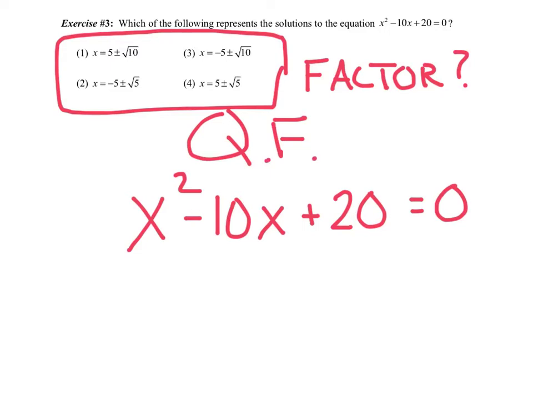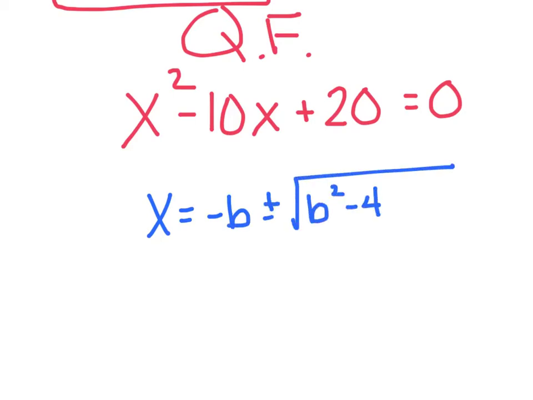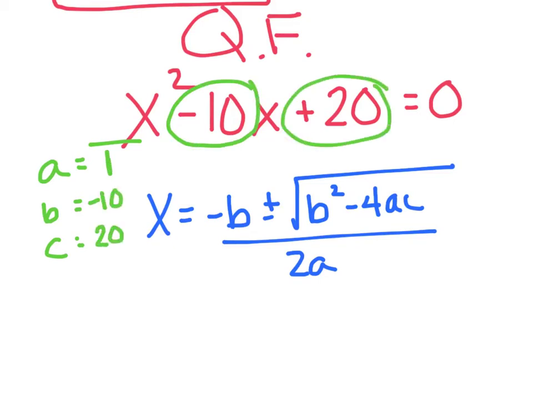So try to do it without looking back at your notes there. X equals negative b plus or minus the square root of b squared minus 4ac divided by 2a. Off to the side, what's a, b, and c? Are you right? A is 1, b is, just watch that whole term, negative 10, and c is a positive 20.